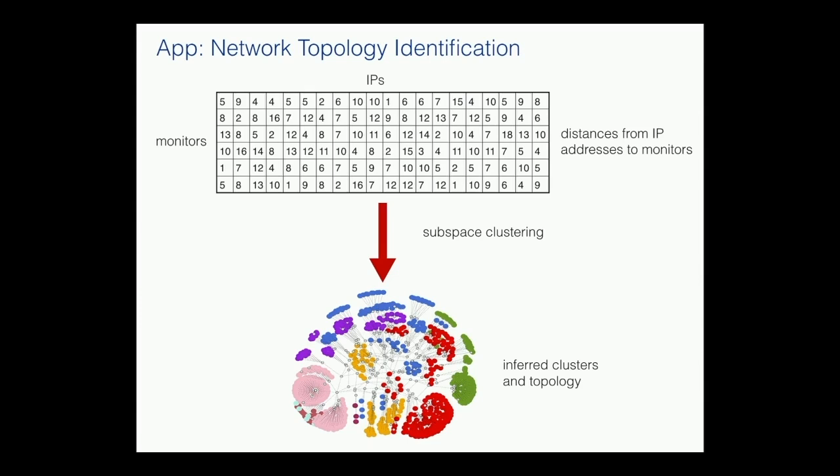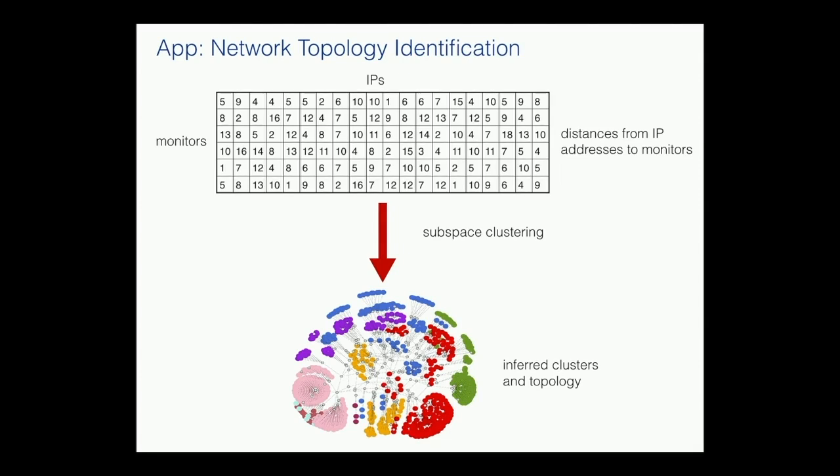The way they did it is they had IP addresses coming from all over the internet and a bunch of monitors out there at various points in the internet. If I could measure each computer's distance to each of the monitors, that gives me a coordinate, if you will, for a particular computer.